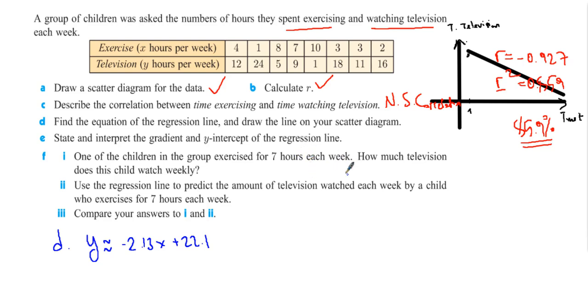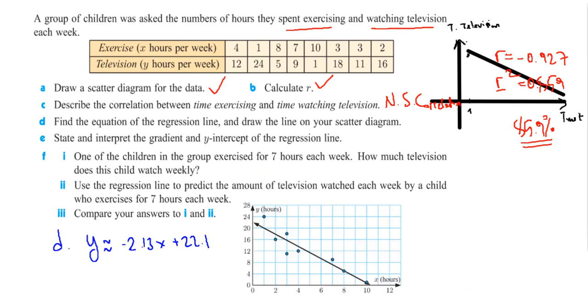So here I really need the graph. How much television does the child watch? Because we drew it on the calculator, you can just copy and paste it onto your paper. Now, one of the children in the group exercised for 7 hours. Where is 7 hours here? It's here. How much television does the child watch weekly? So we go and check it.